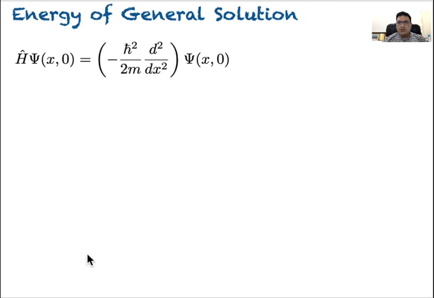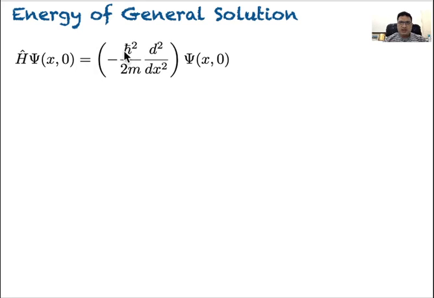Now let's look at what is the energy of this general solution psi of x, 0. To know the energy, we have to operate the Hamiltonian on our general wave function psi of x, 0. For this particular case, our Hamiltonian H consists of only the kinetic energy part.